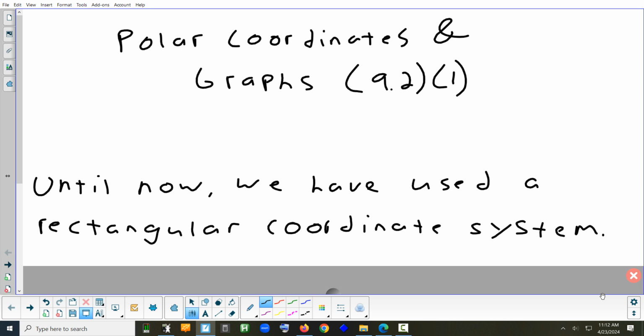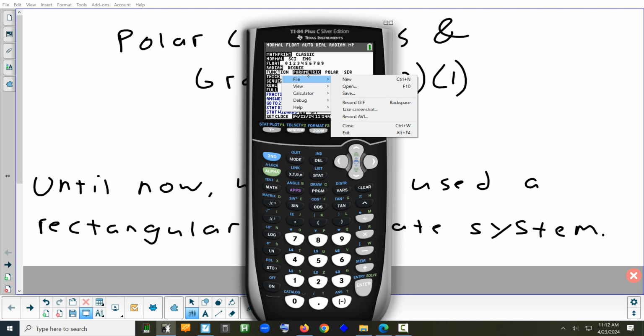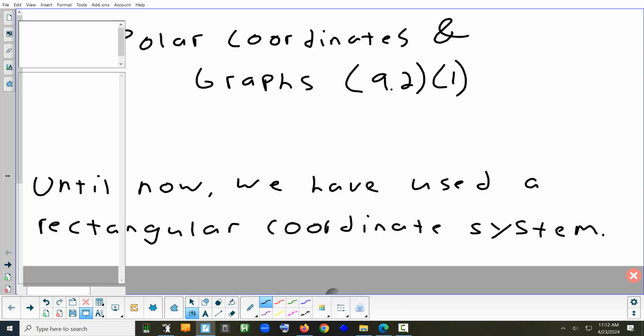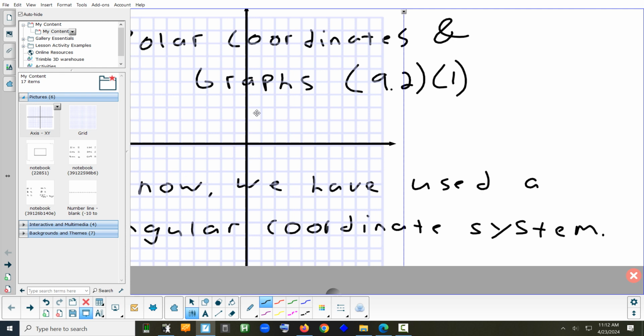So up until now, even the kind of graphing we did yesterday was based on a rectangular coordinate system. So whenever you use function mode or parametric mode, you are using this kind of graph paper to draw your picture.